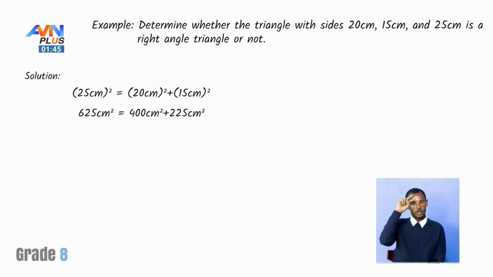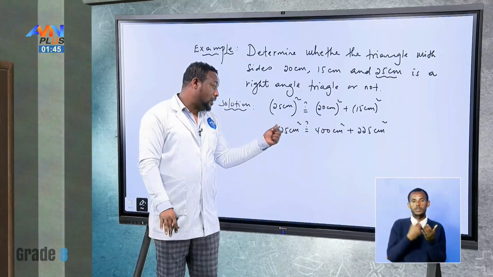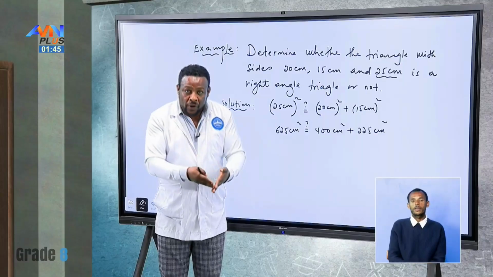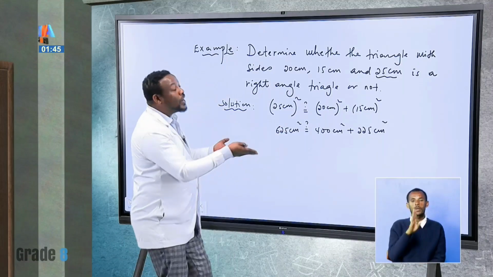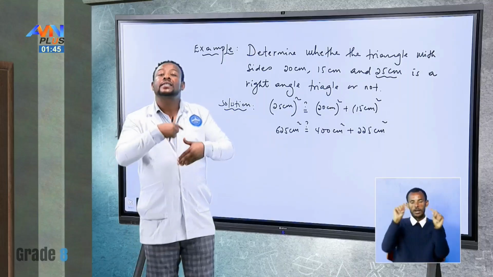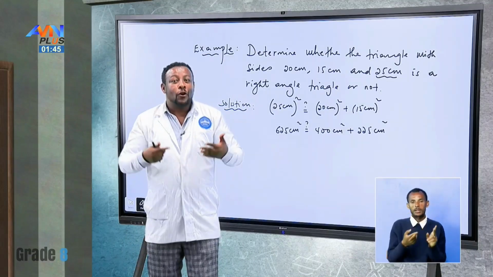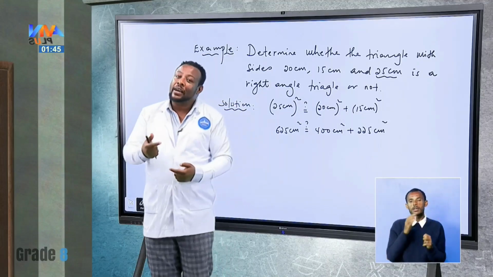Now you can see that the sum of these two is exactly 625 centimeters squared. Therefore, our conclusion will be that the given triangle is right angle. So this way we can check whether the triangle is right angle or not.